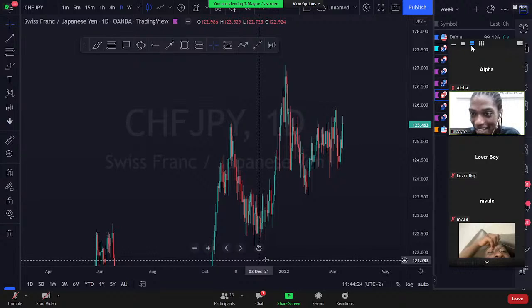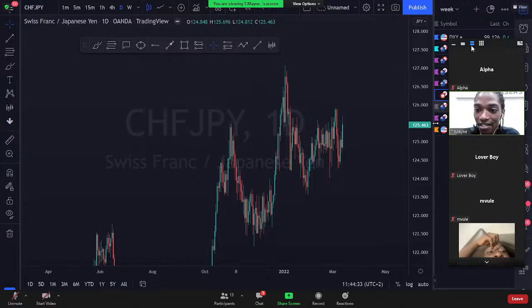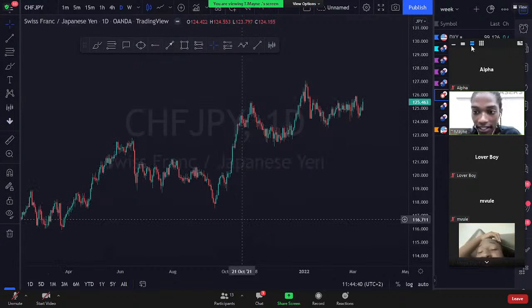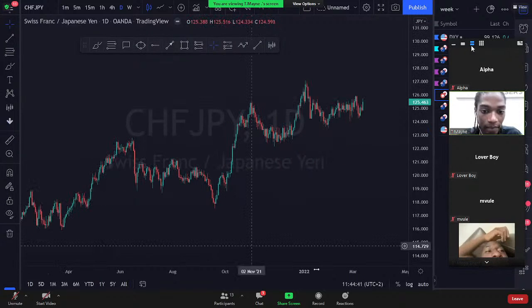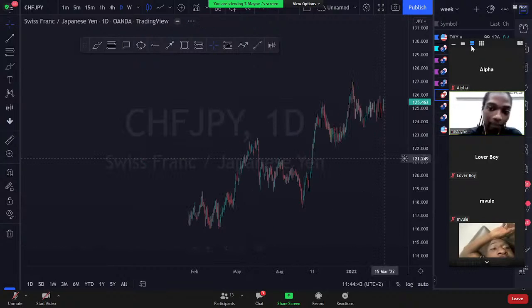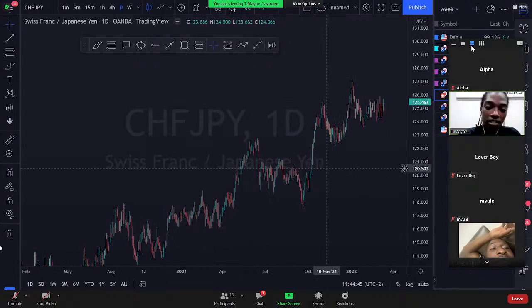Let me just minimize this. It's getting to some CCN. Okay, let's take this off. We don't care what last expires was. Okay, looking at a daily, so take off that. Higher time frame, everything is still pretty much the same as usual.